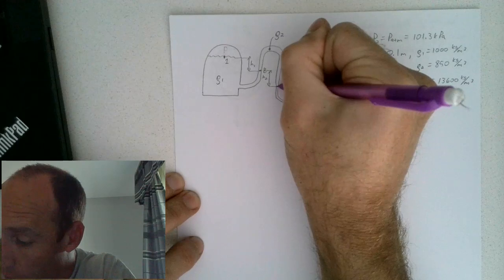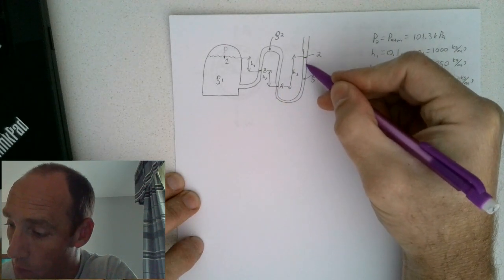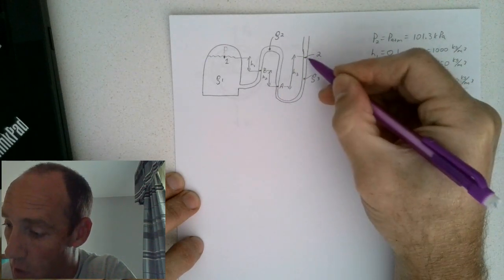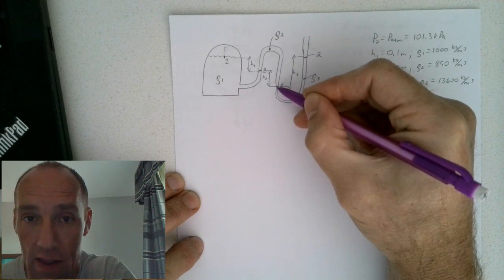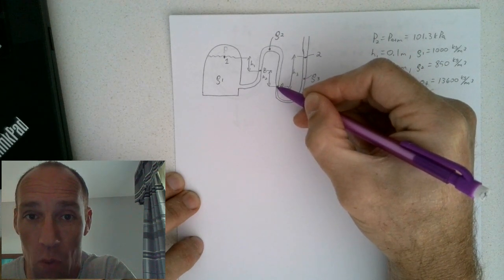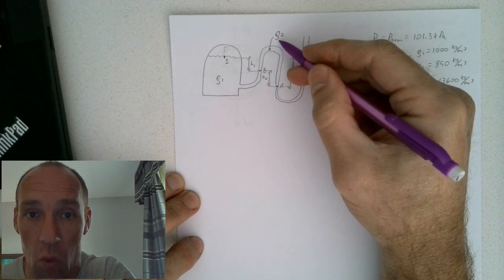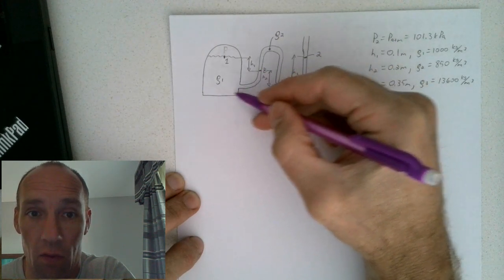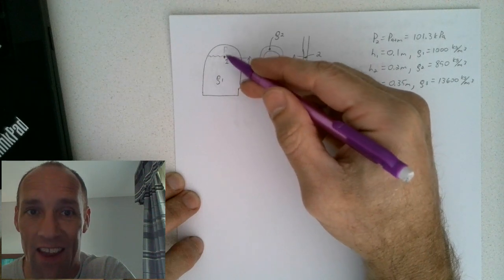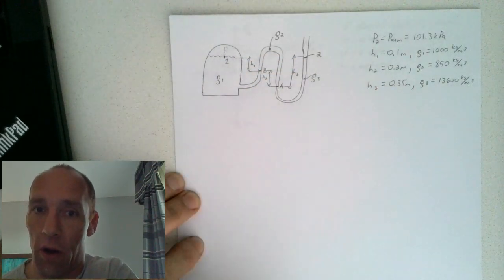You have a column of mercury from point 2 up to point A, and then from point A to point B, the tube is filled with the oil, and the rest of it on this side and in the tank is all water.